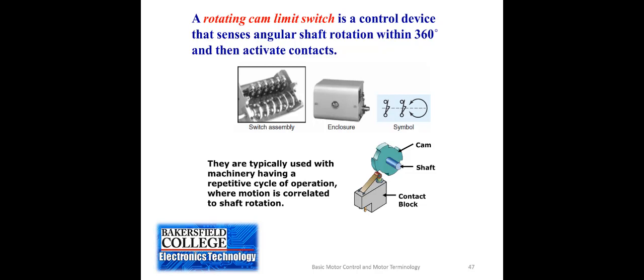It just shows the limit switches, but it also has that circle with arrows on each end showing that there is rotation associated with it. And you see the broken lines, those dashed lines. You'll remember that means that those things are mechanically connected but not electrically connected to each other.